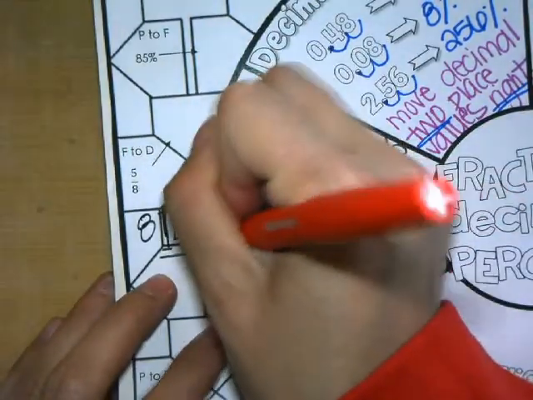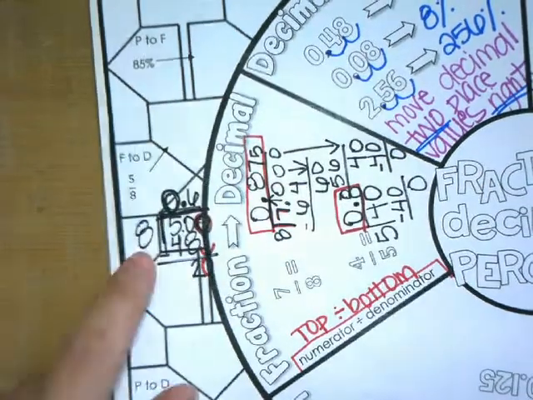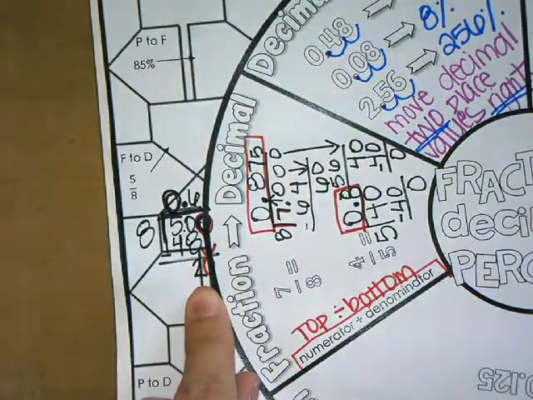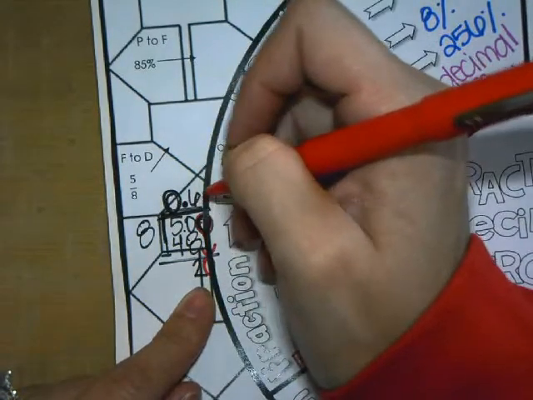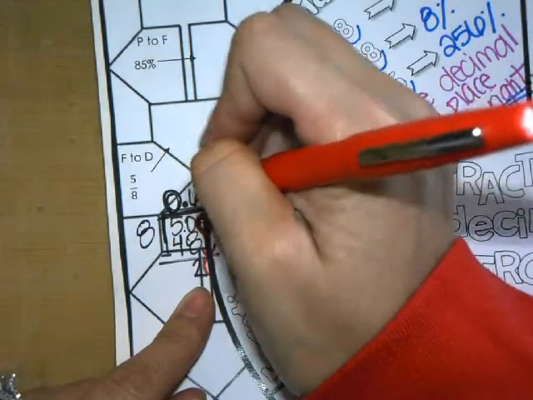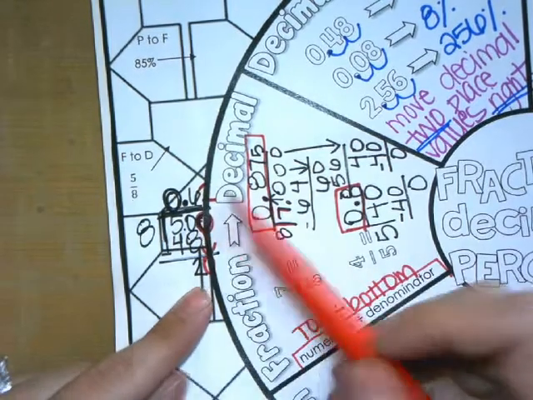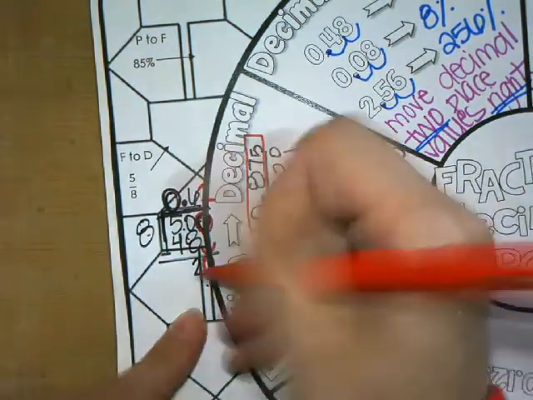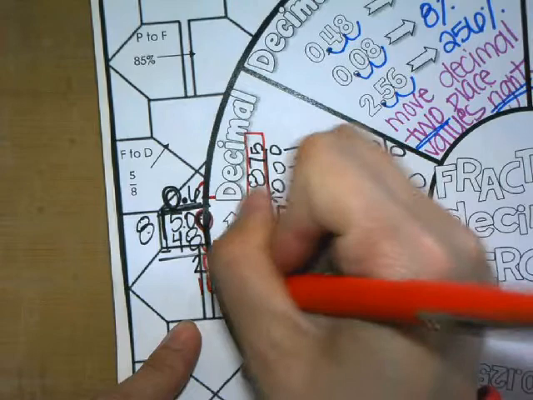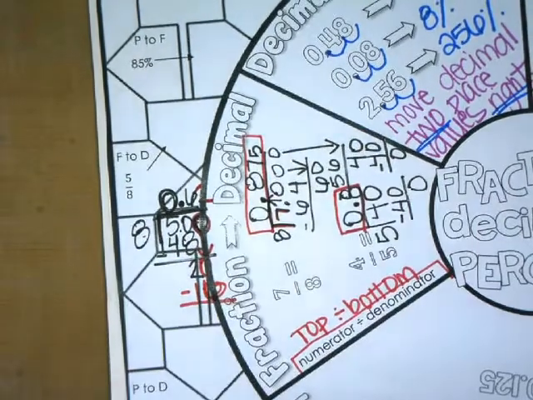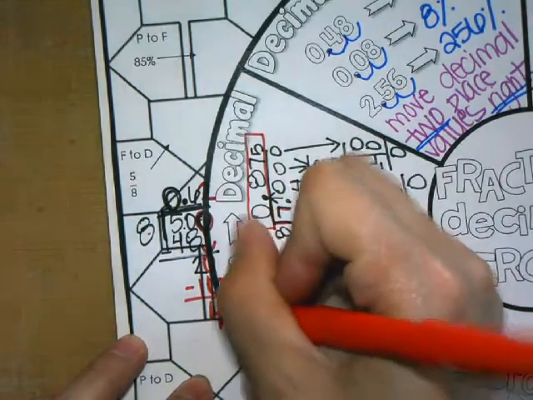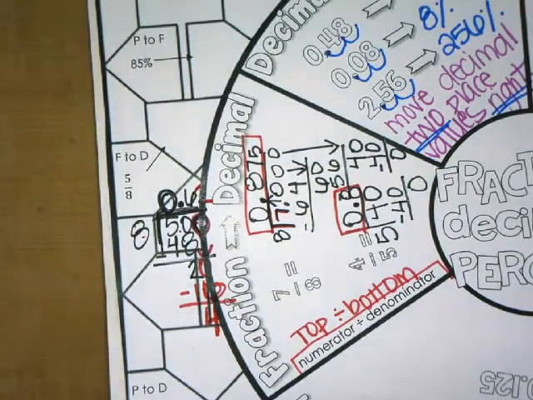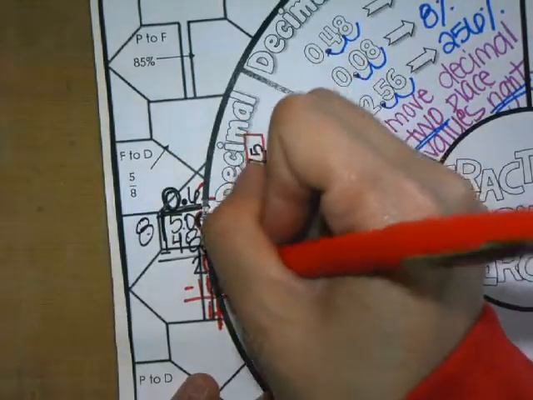Add a 0, bring it down. 8 goes into 20. How many times? Sorry, this is kind of hard to see. 2 times 8 is? 20 minus 16 is? What do I need to add? Bring it down.